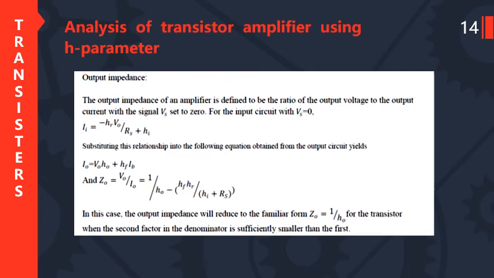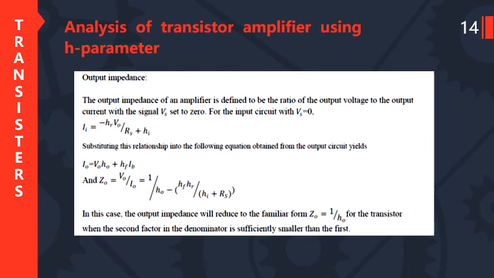Substituting this relationship into the following equation obtained from the output circuit, I0 is equal to V0 into H0 plus HF into IB, and Z0 is equal to V0 by I0 is equal to 1 upon H0 minus HF into HR divided by (HI plus RS).